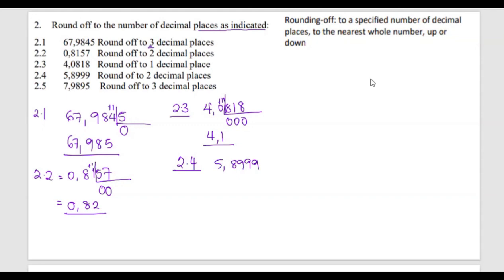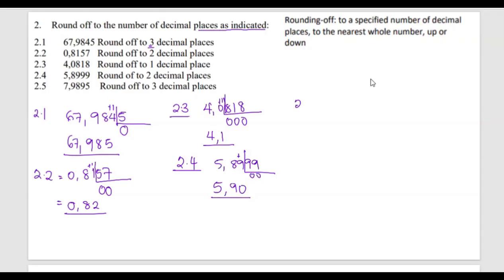So meaning 2 numbers after the comma have to remain. So it becomes 5, comma. Now, these ones have become zeros. You pick a 1 and add it on, so 89 plus 1, you get 90. So this will become 90.